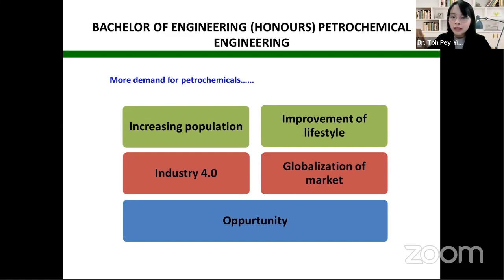When productivity increases, the raw material consumption also increases, right? That means the demand for petrochemicals increases also. From here you can see the opportunity for the petrochemical industry is huge.